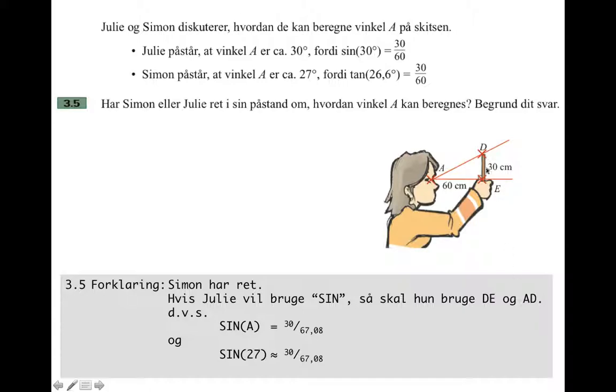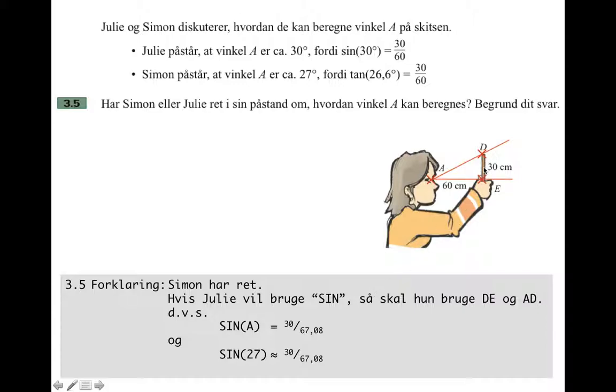And then I've written, if Julia wants to use sine, she needs to use DE and AD. So that's DE, the 30, and AD, the hypotenuse, because sine equals opposite over hypotenuse. So in other words, she will have to use sine of A equals 30 divided by 67.08, because we worked out that the hypotenuse was 67.08 earlier.